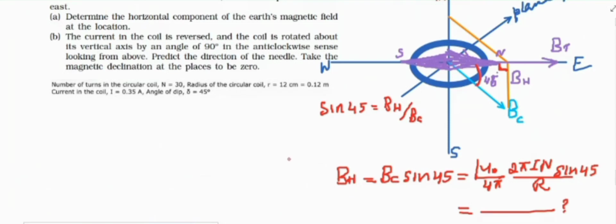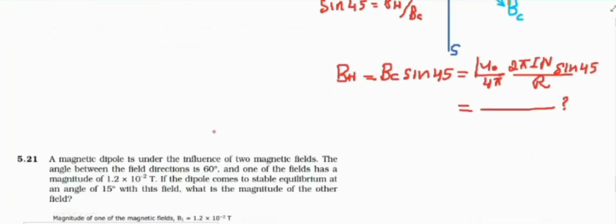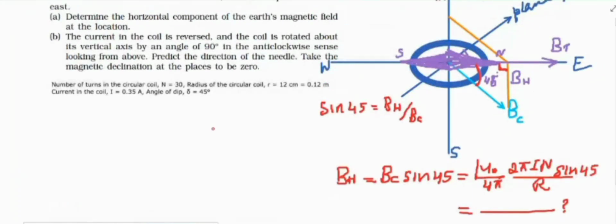Next, second part of the question. The current in the coil is reversed. The coil is rotated about its vertical axis by the angle of 90 degree in the anti-clockwise sense, looking from above. Predict the direction of the needle.